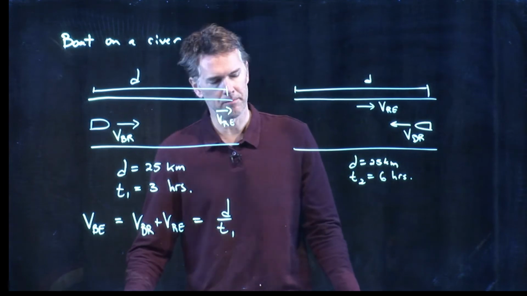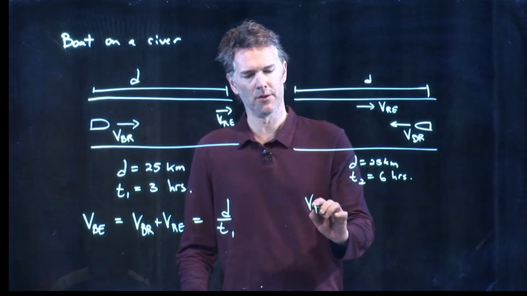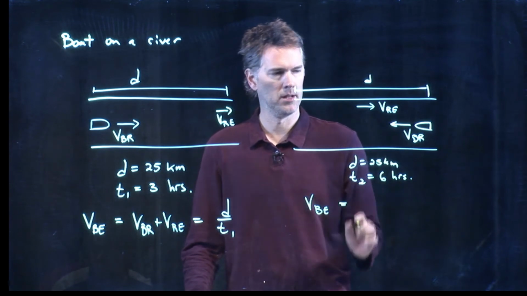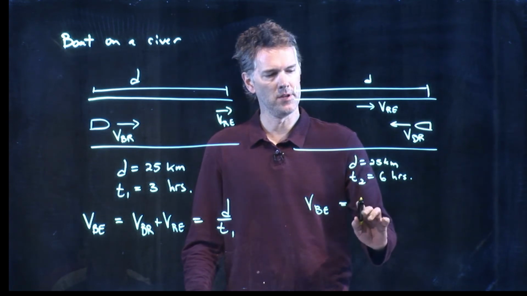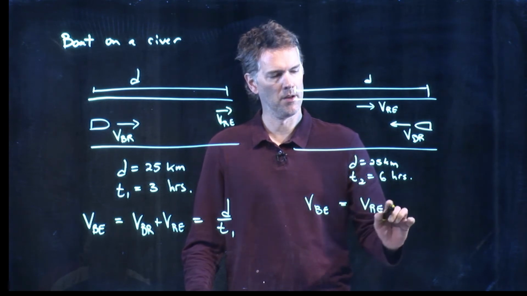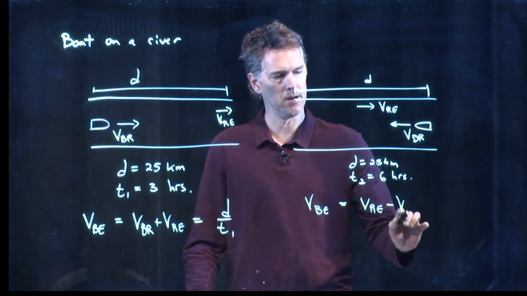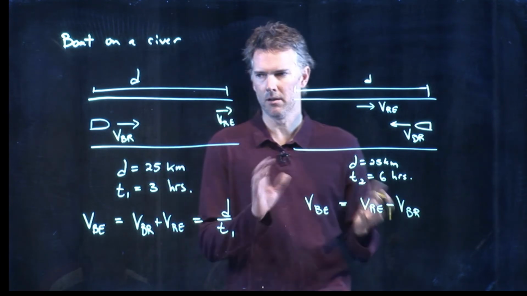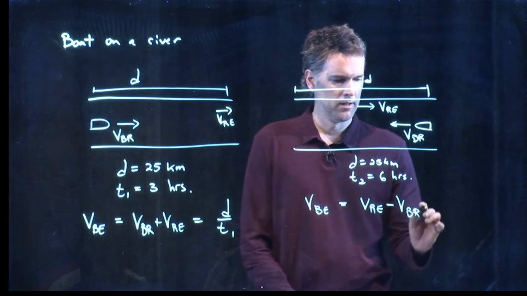So what is the speed of the boat relative to the earth in this case? Well, it is V of the river relative to the earth minus V of the boat relative to the river. Okay, you can make it positive or negative.